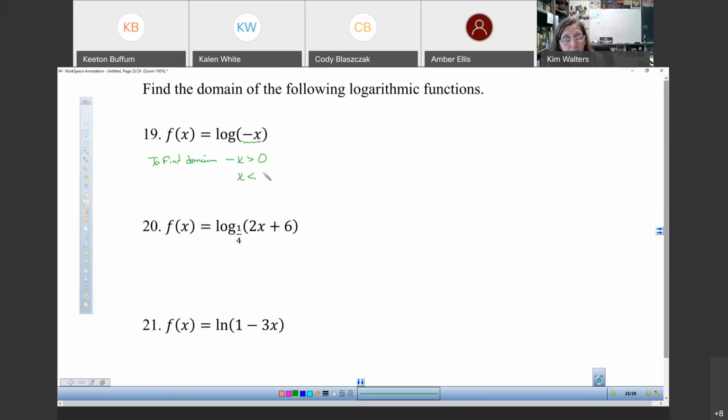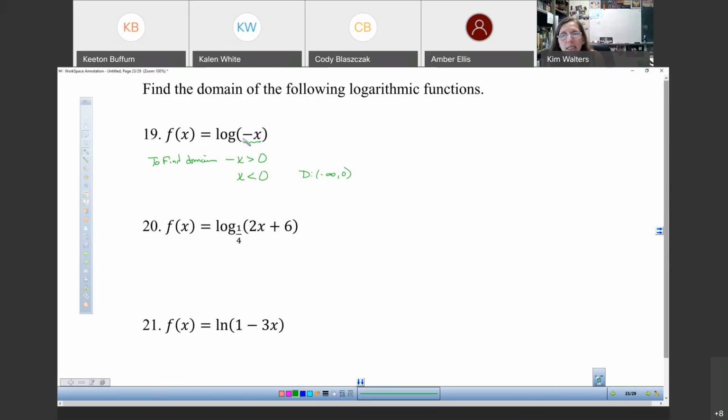That flips this around. For this function, I have to use negative numbers, because I'm changing the sign. This is the log of the opposite of whatever I'm plugging in there. And so the domain in interval notation is negative infinity to 0, for the logarithm of negative x.